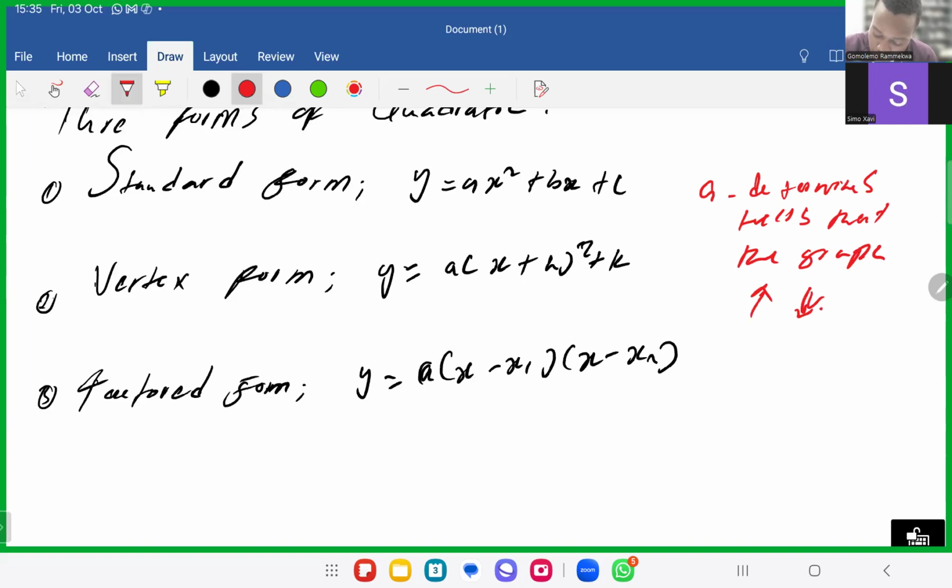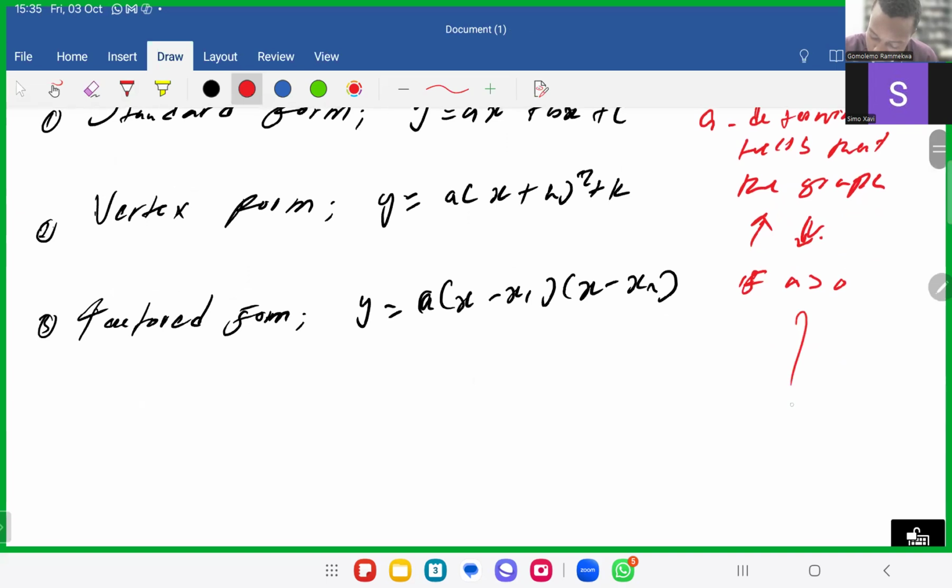So if the value of a is greater than 0, the graph will be concave up, and if the value of a is less than 0, the graph will be concave down.